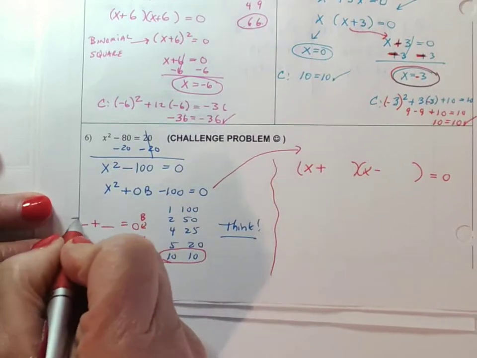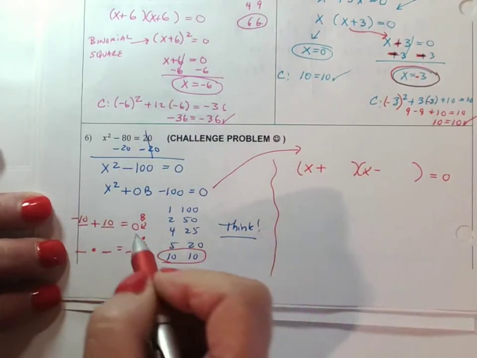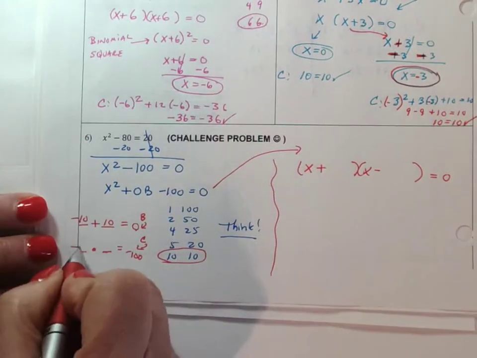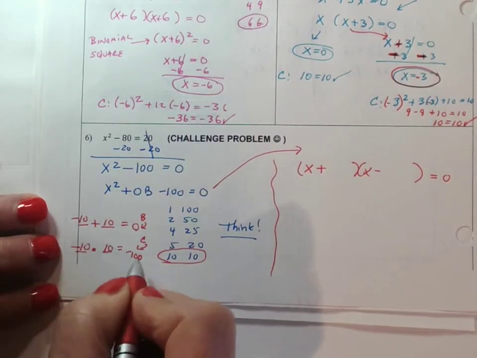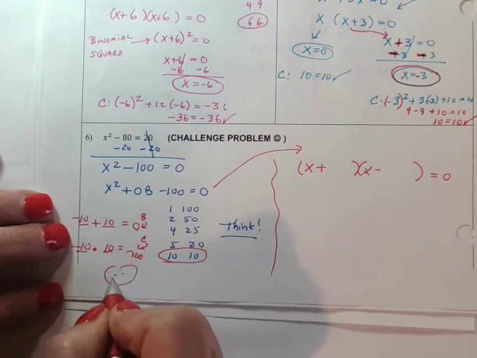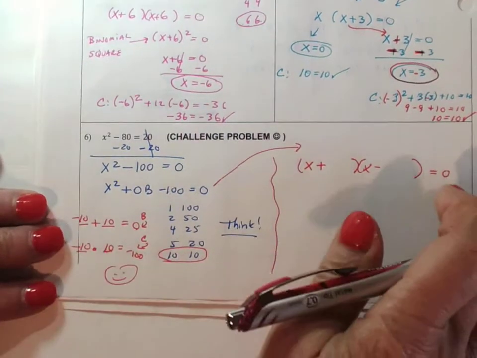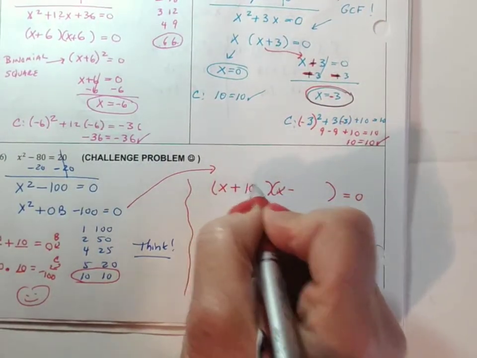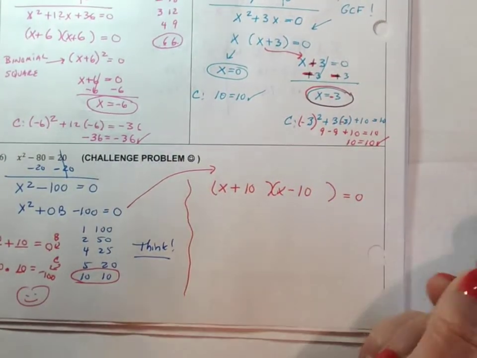So if I take negative 10 plus 10, that gives me 0. That makes me happy. And I take negative 10 times 10, that gives me negative 100. I'm happy. This works. Okay. So my factors are x plus 10, x minus 10.